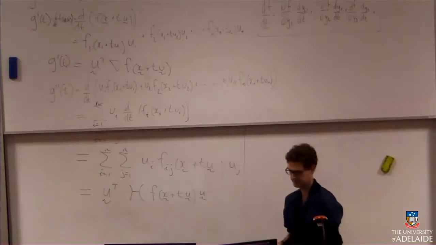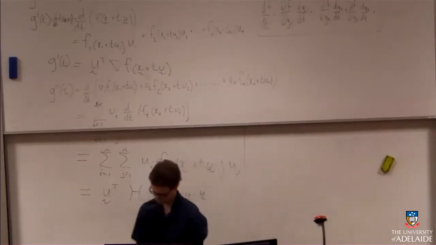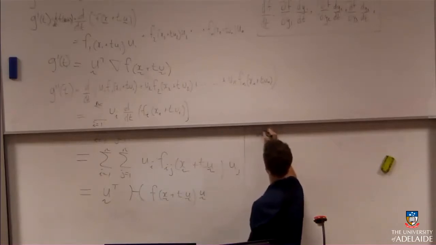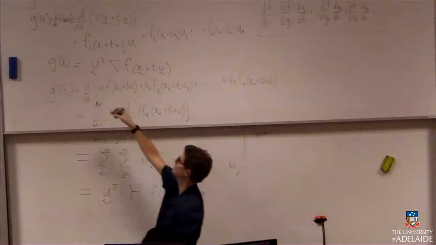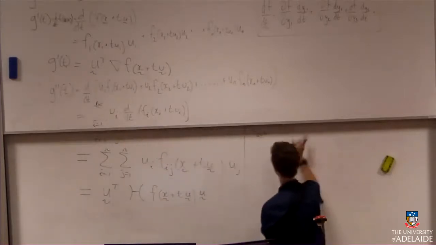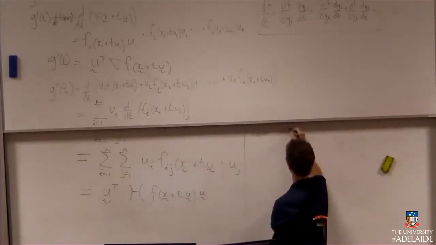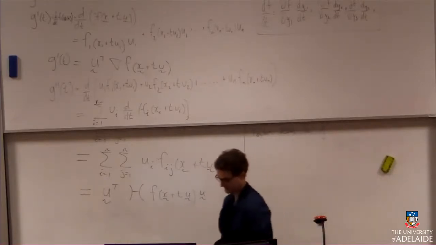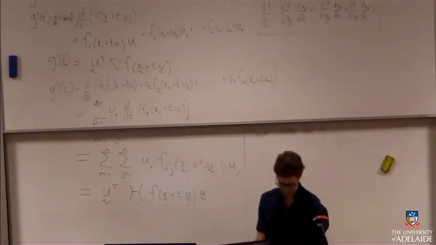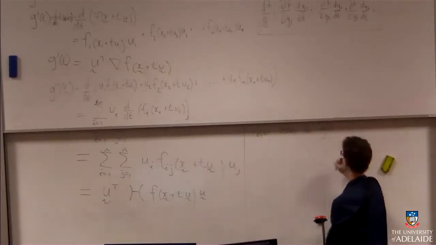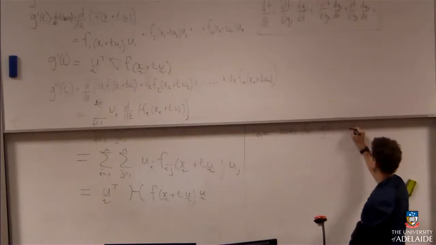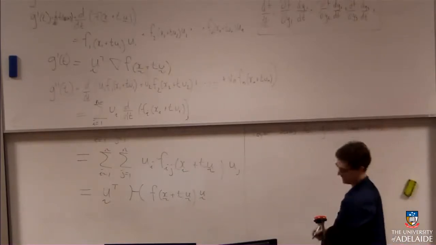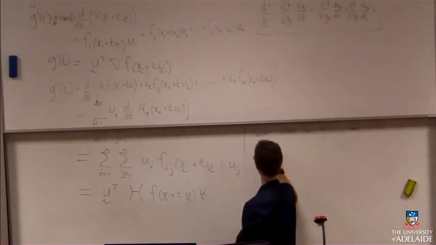All right. Now that I've done that, let's think about the Taylor series. What am I doing here? I started off with this function g of t. If I calculate the Taylor series for this 1D function g of t about t equals 0, then it's going to look like this.